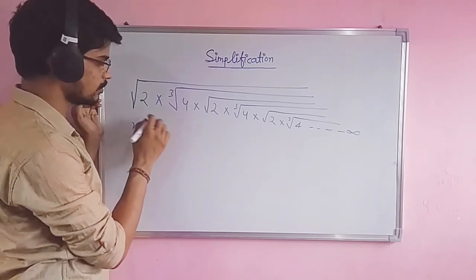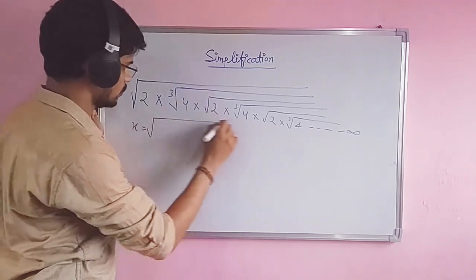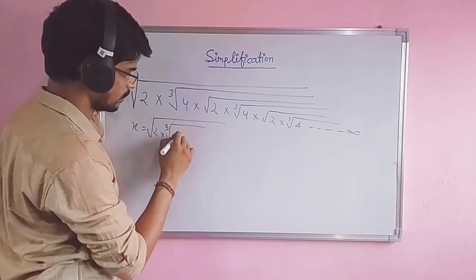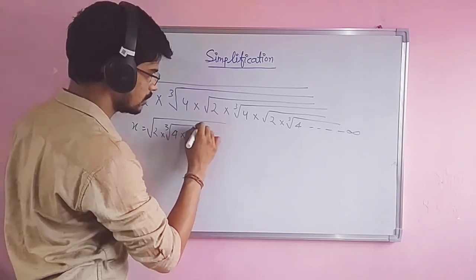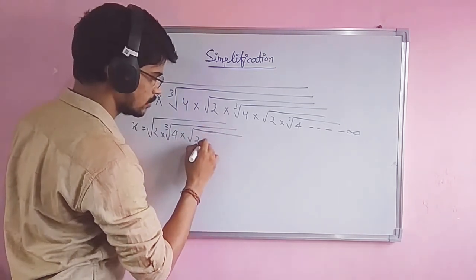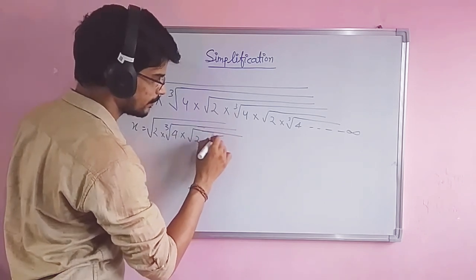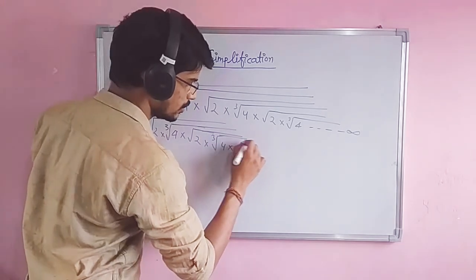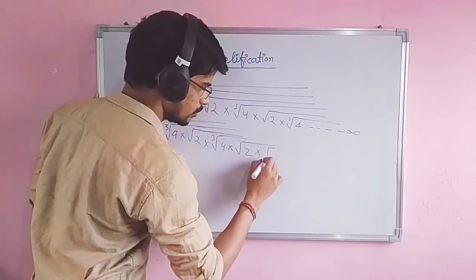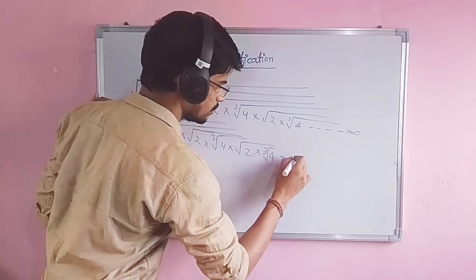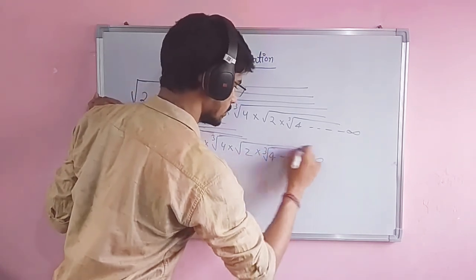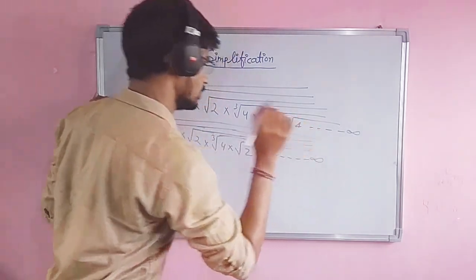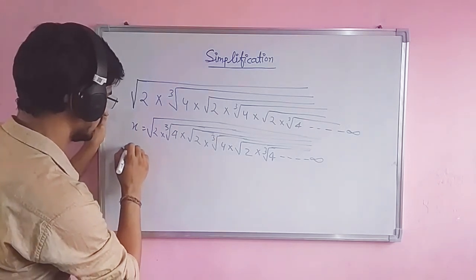Take x is equal to this value: under root 2 multiplied by cube root of 4, multiplied by under root 2 multiplied by cube root of 4, multiplied by under root 2 multiplied by cube root of 4, up to n times. Here is the carry on from the beginning. Clear?